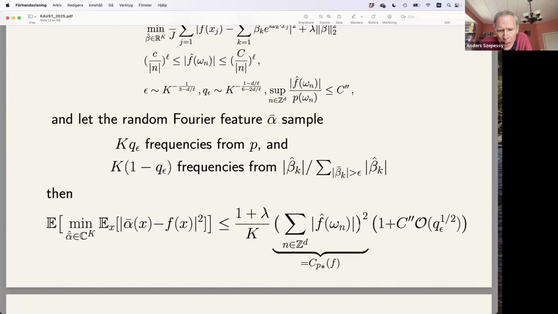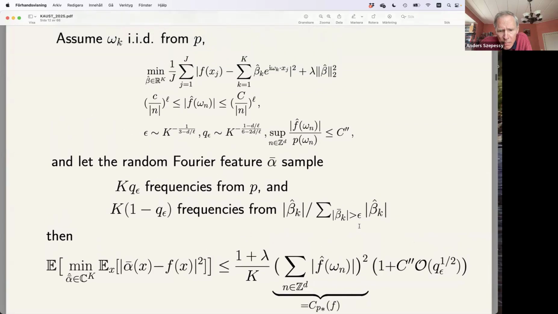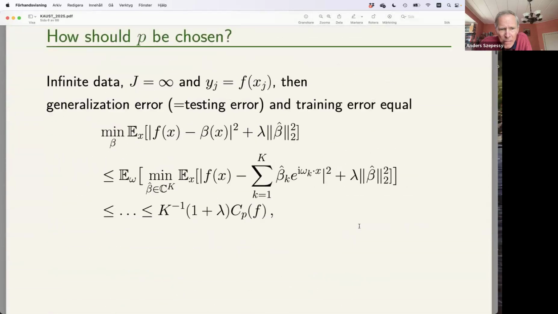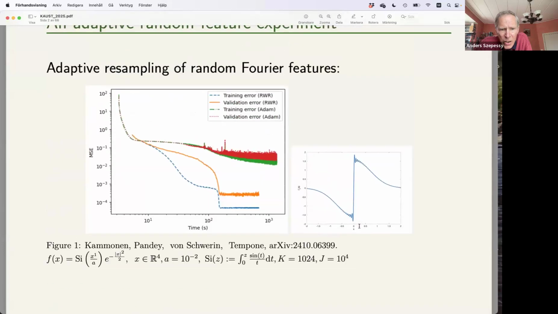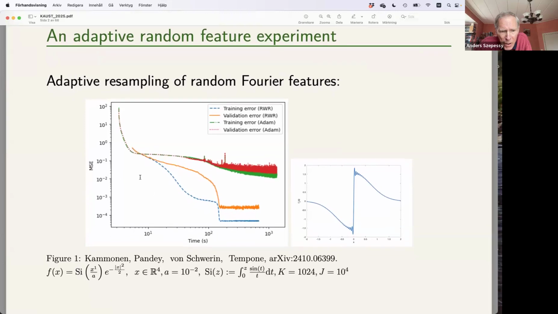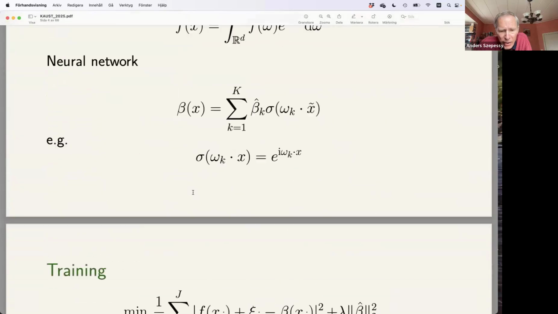So in this way, we mean that in some sense, the first figure I showed, what we have here is related to that bound when we have 1024 nodes. Here we have iterated the resampling, and I will come back to that.